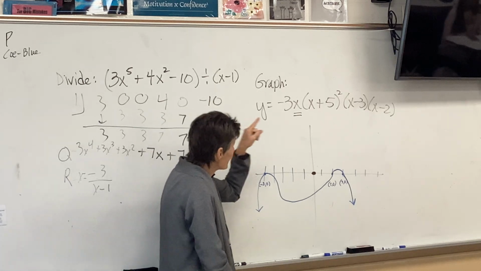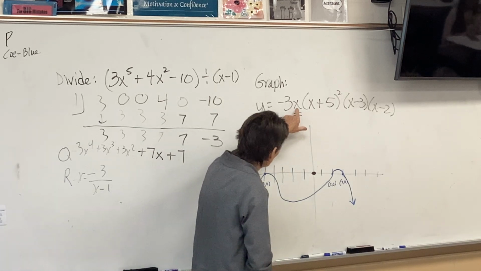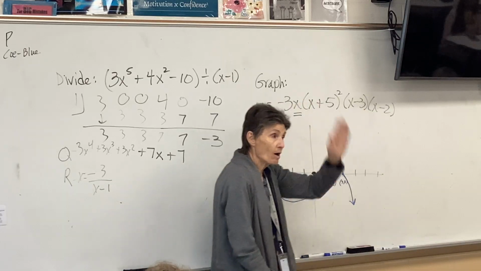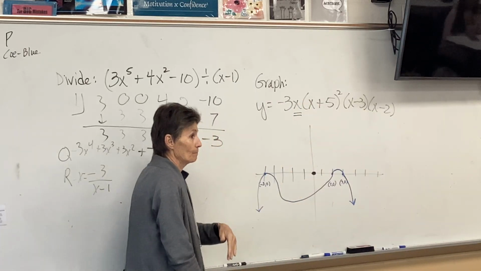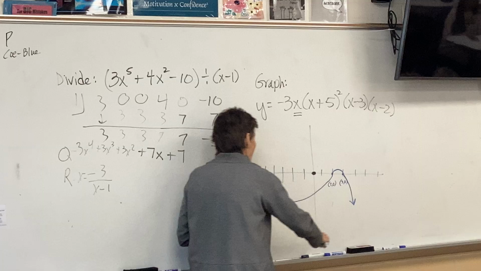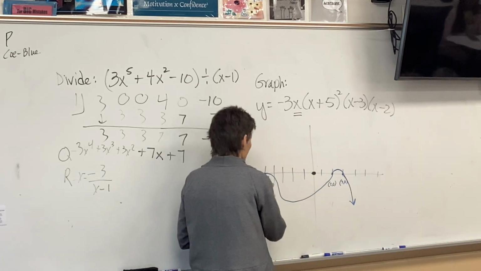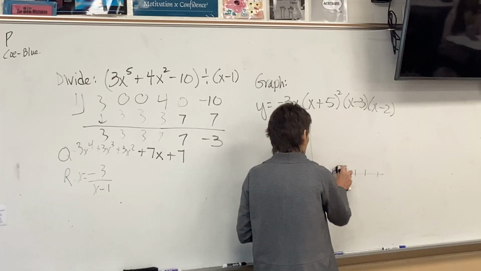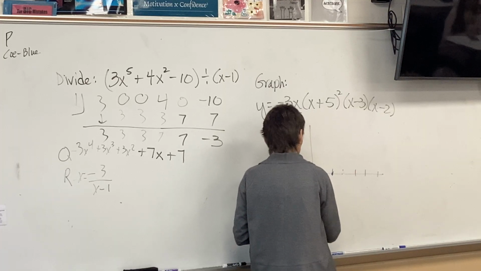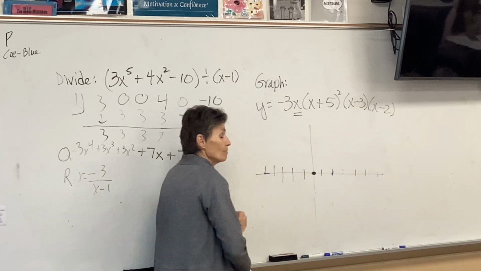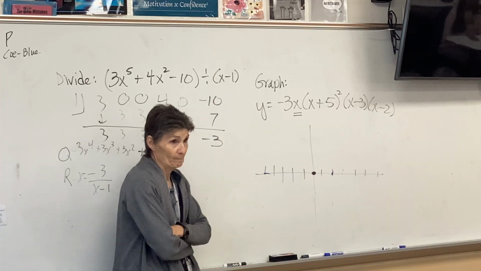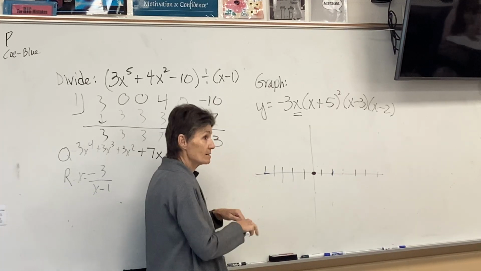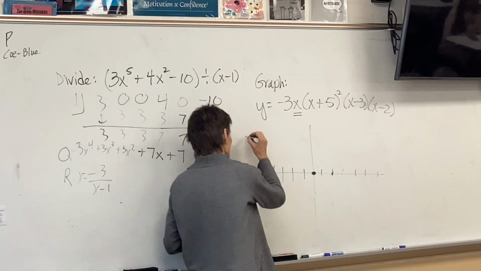But every x you see in the problem, that one, that one, that one, and that one, they all have a dot. How many x's altogether, counting the squares and all that, how many x's altogether does this problem have? 5. 5 is an odd number. It should start down here. But because of the negative, it's going to start up here.